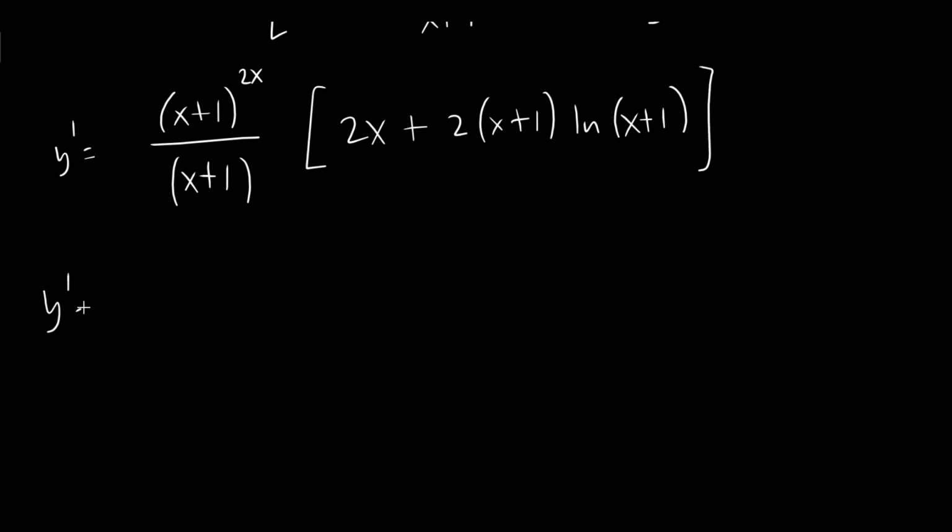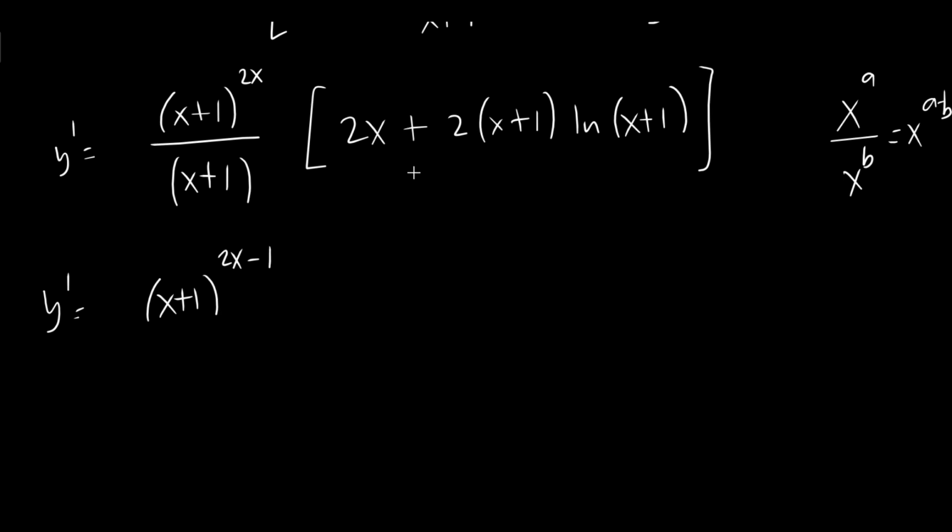So we'll simplify using the division rule of algebra: x raised to the power of a over x raised to the power of b is equal to x raised to the power of a minus b. So we have (x + 1) raised to the power of 2x minus 1.